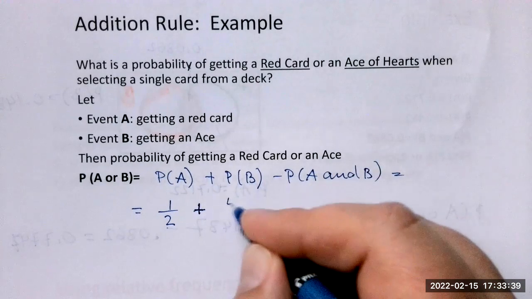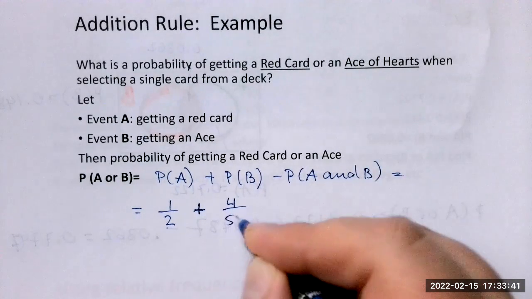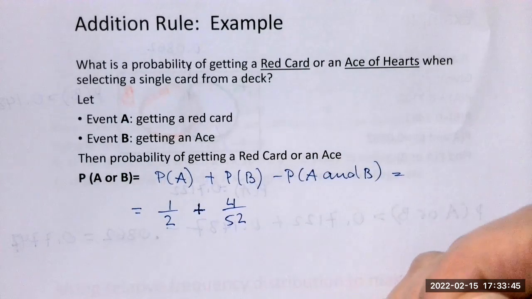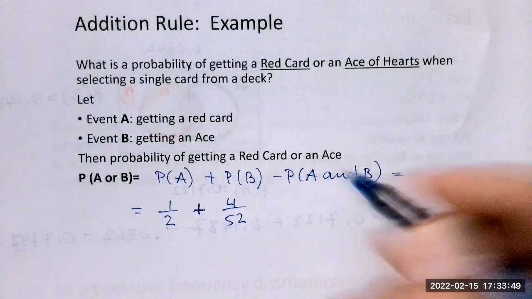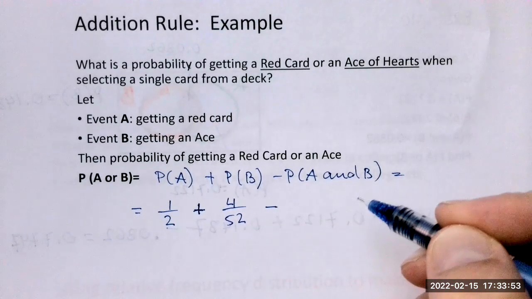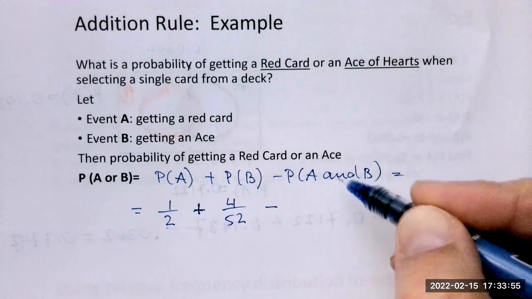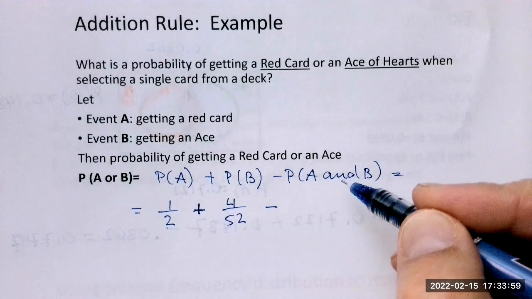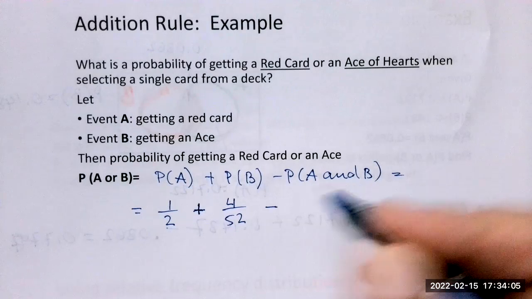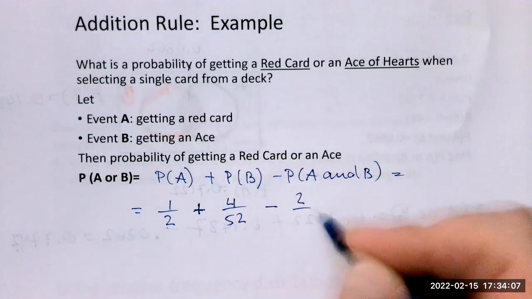Well, there are 4 aces out of 52, which simplifies to 1 out of 13. Okay, and minus where they overlap. Well, overlap meaning the card is red and it's an ace. How many cards like that do we know? Well, there's 2, right? 2 out of 52.